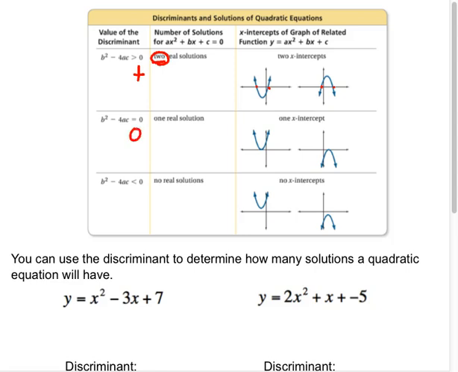When it's equal to 0, you're getting 1 solution. It's sitting right on that x-axis. One that you haven't seen yet is what if it's negative? Negative means no real solutions, okay? It means it does not cross the x-axis. What that actually leads to, that we're going to investigate next section, it leads to imaginary solutions. And again, that's a very new concept, something that we're going to develop more in 4.8. But that's what's happening here when that discriminant is negative, okay?